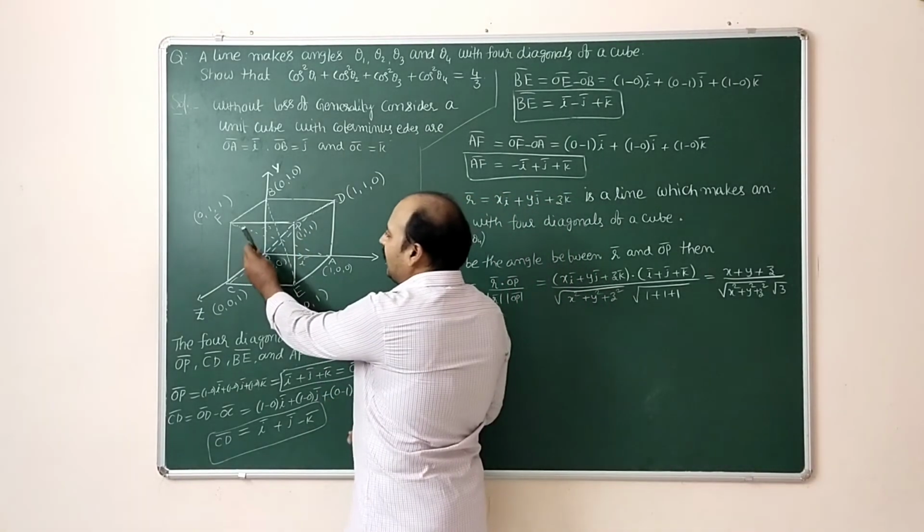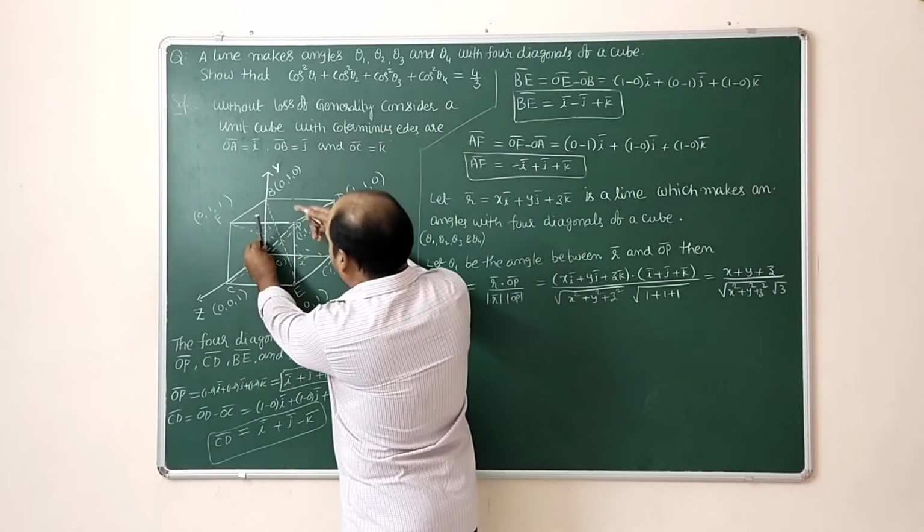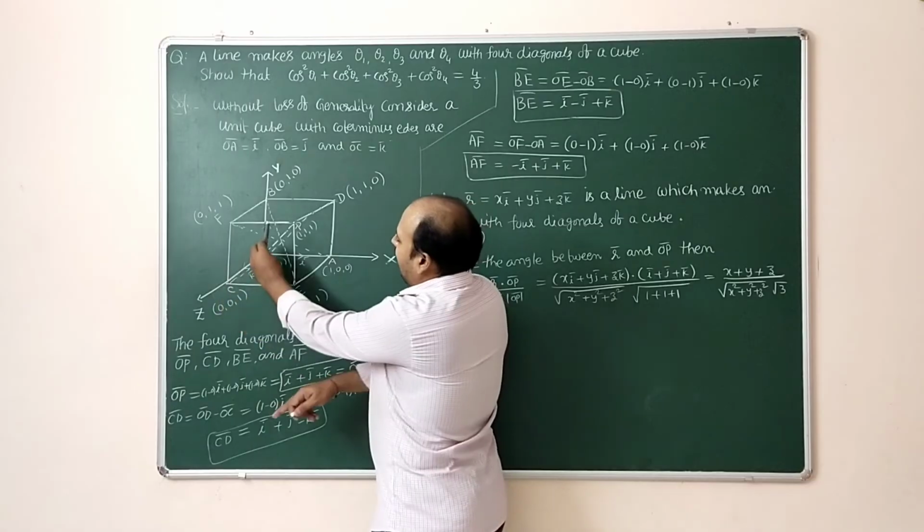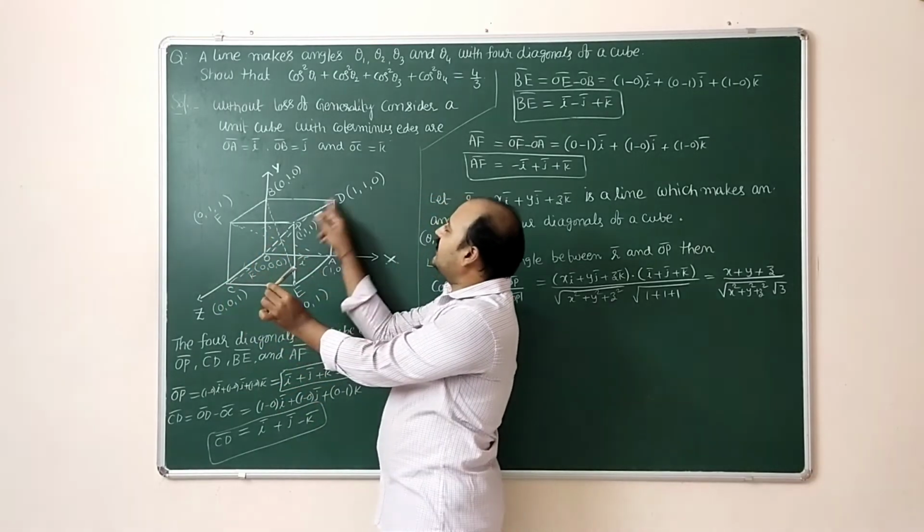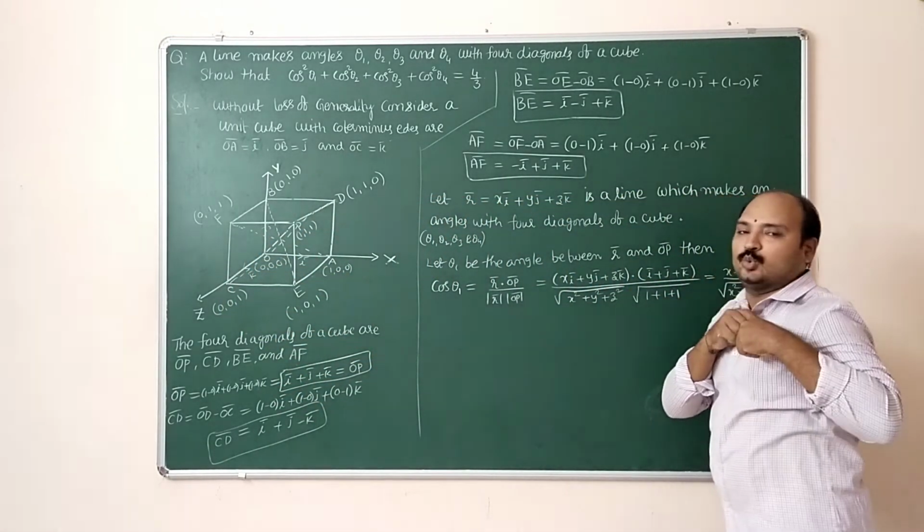Similarly, this line makes an angle with the CD diagonal, that is theta 2.